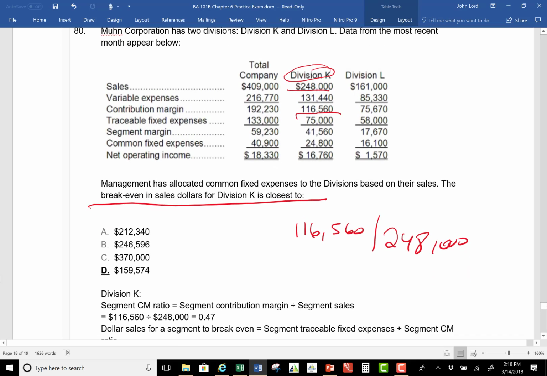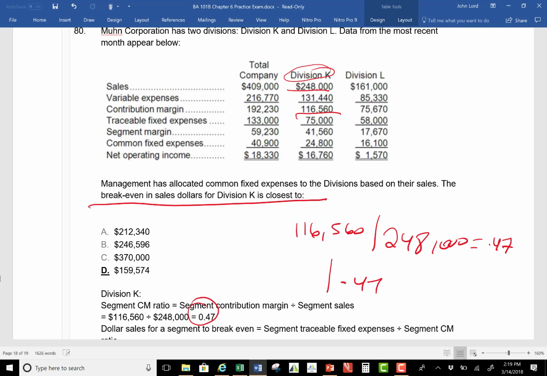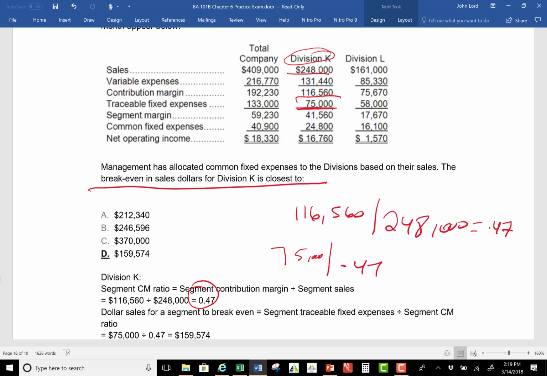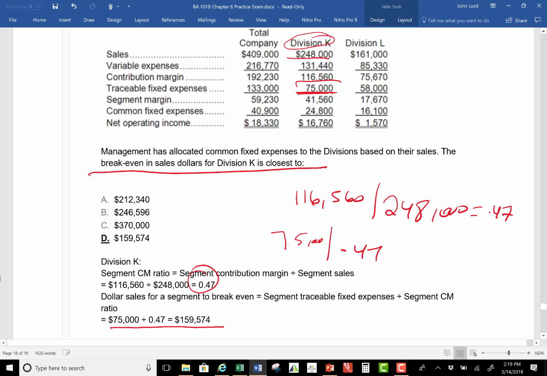That gives me a contribution margin ratio of 0.47. Then I divide that 0.47 into only the traceable fixed expenses here of 75,000, because I just want the break even of that segment. When I do that math, I get the correct answer. It's only the traceable when it's just a division.